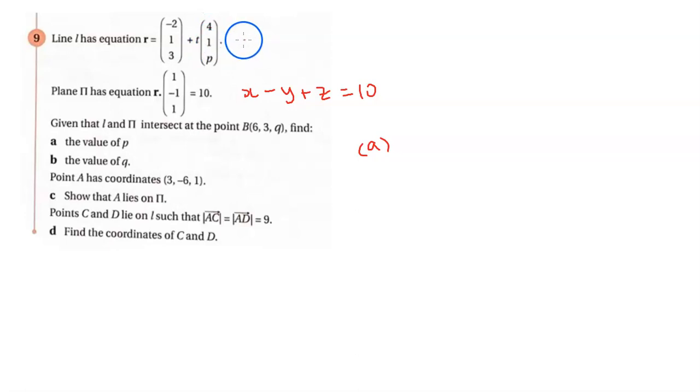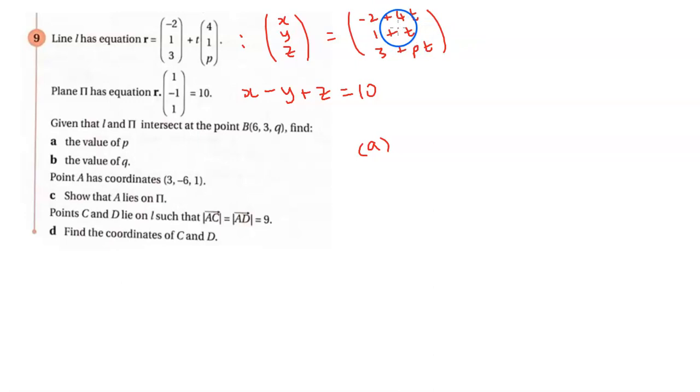The arbitrary x, y, z points on this line are equal to (-2 + 4t, 1 + t, 3 + pt). So when it intercepts with the plane pi, we can simply substitute in these values for x, y, and z.